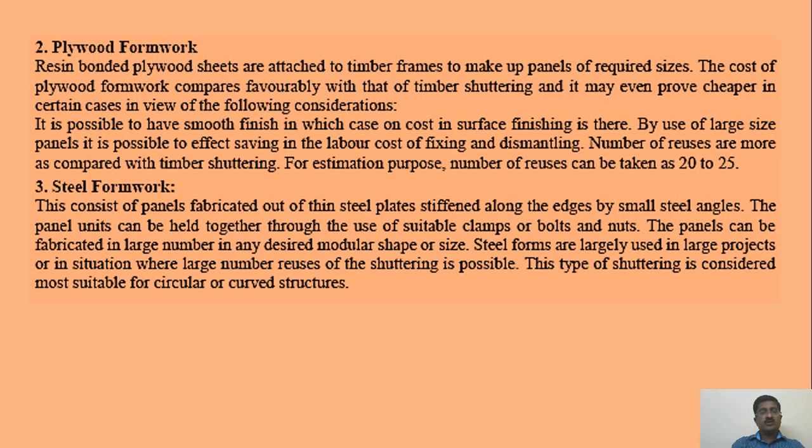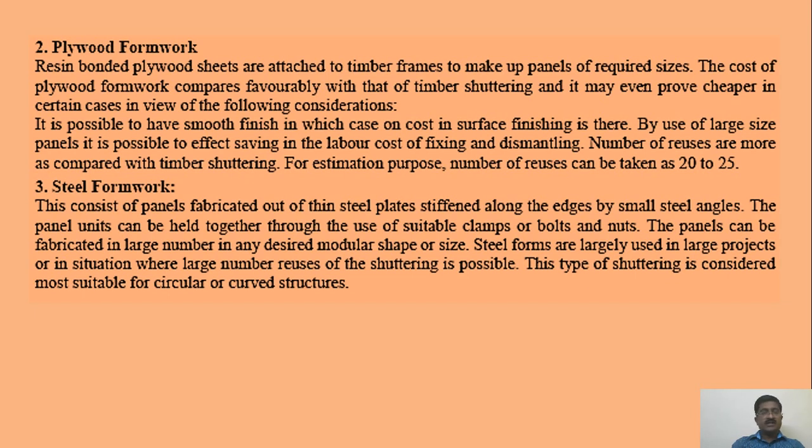Then steel formwork. This consists of panels fabricated out of thin steel plates, stiffened along the edges by small steel angles. The panel joints can be held together through the use of suitable clamps and bolts and nuts.